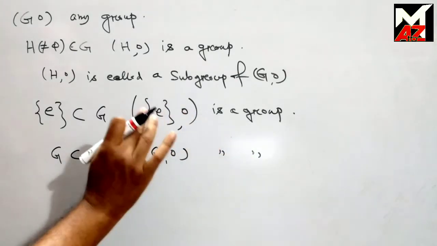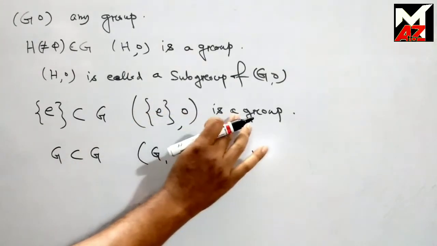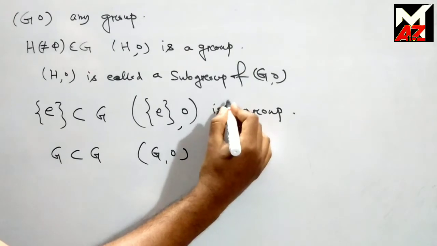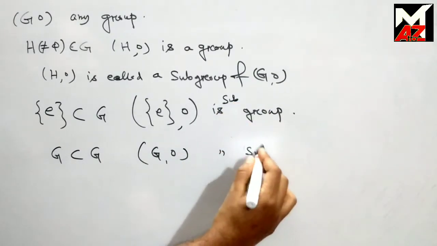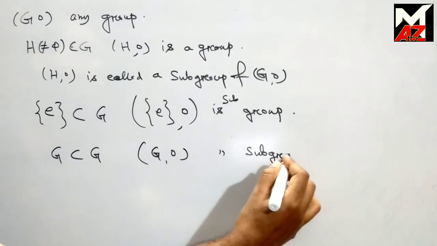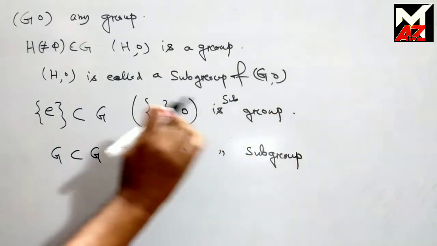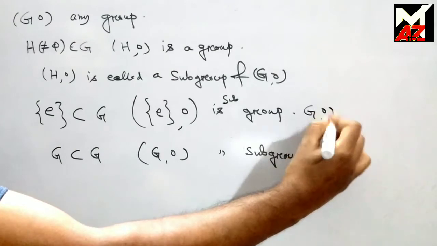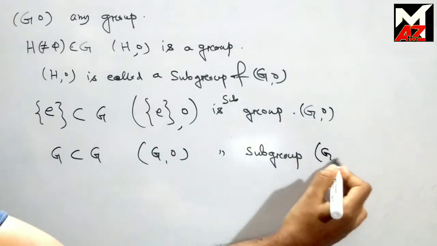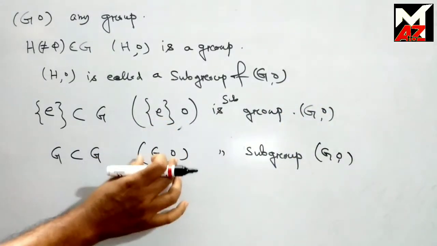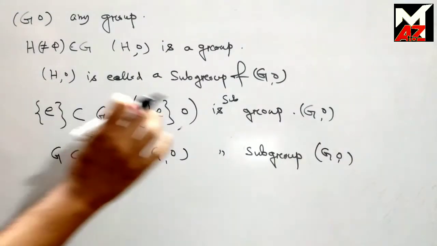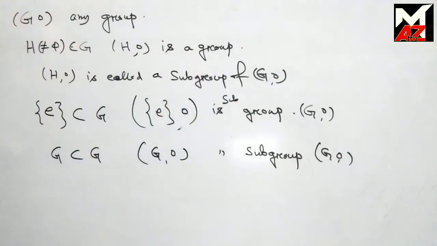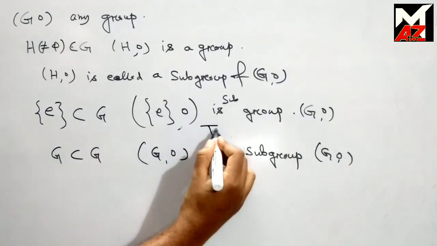That is, this is a subgroup and this is also a subgroup of G circle, because this and this are 2 groups. This subgroup is called the trivial subgroup.